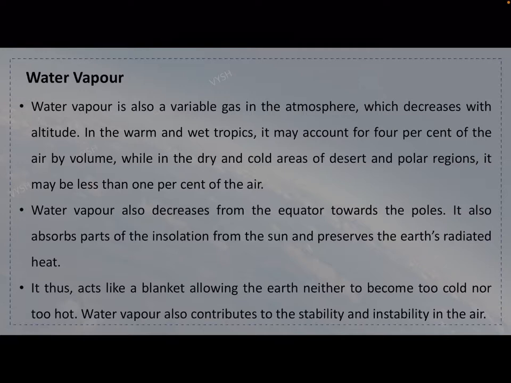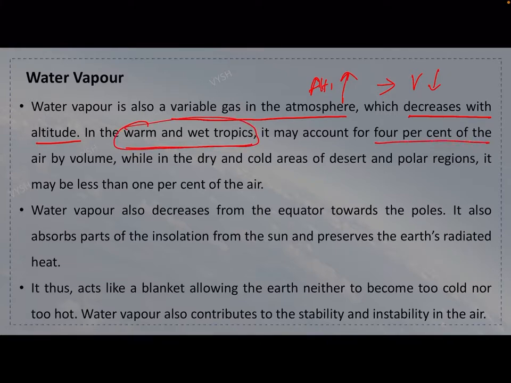Next comes water vapor. Water vapor is also a variable gas in the atmosphere, which decreases with altitude. So as the altitude increases, water vapor decreases basically. In the warm and wet tropics, it may account for 4% of the air by volume, while in dry and cold areas of deserts and polar regions, it may be less than 1% of the air.